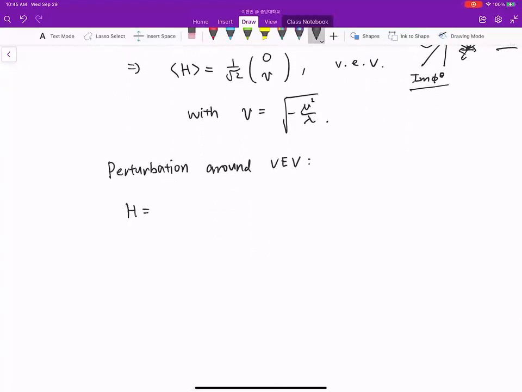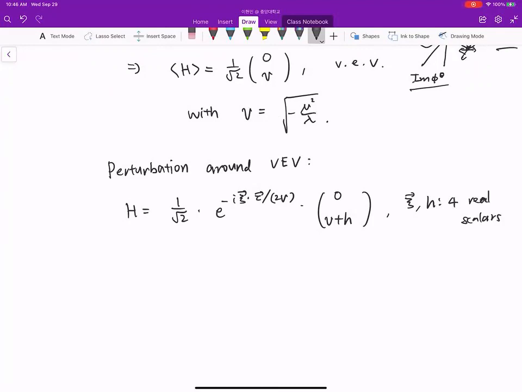Then for the complex scalar, the perturbation you can parameterize in this form. Here psi and h are 4 real scalars.